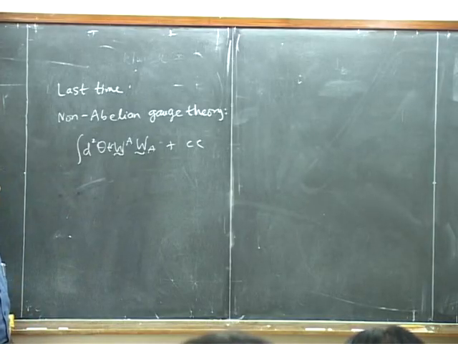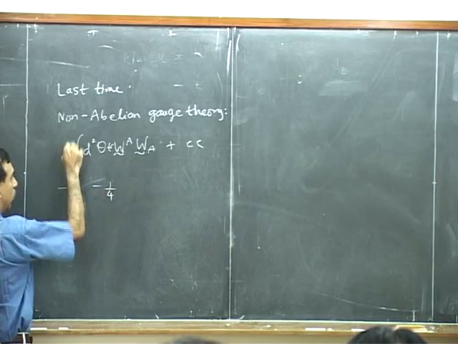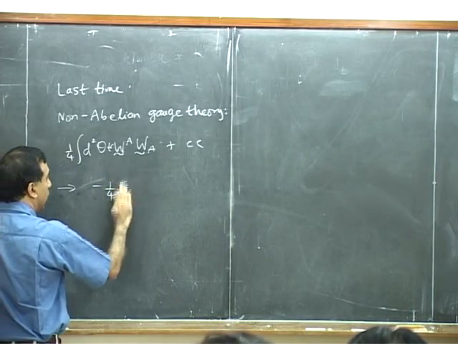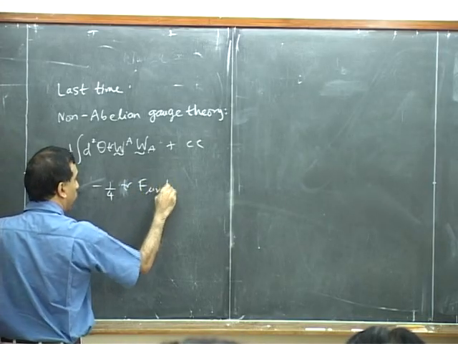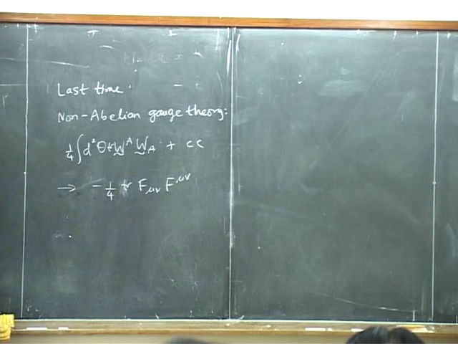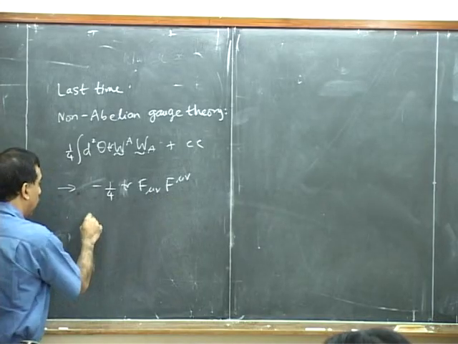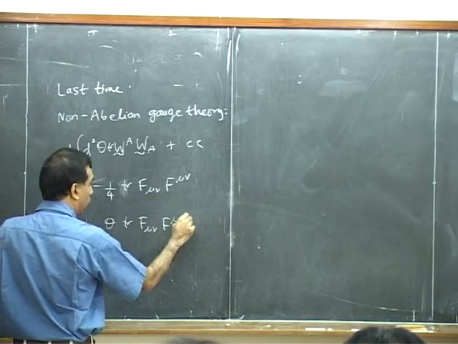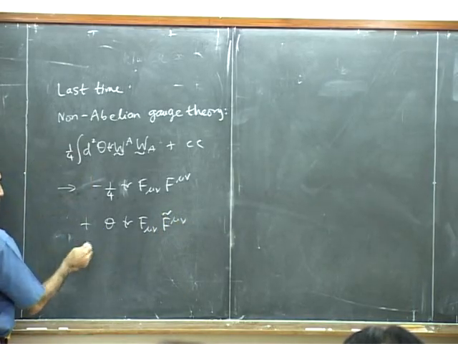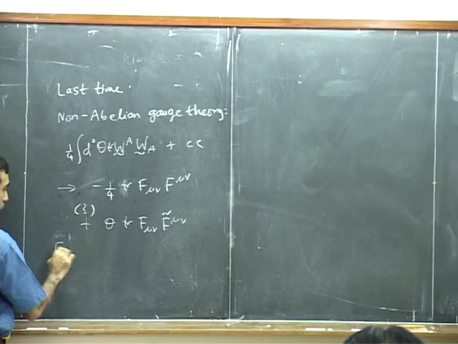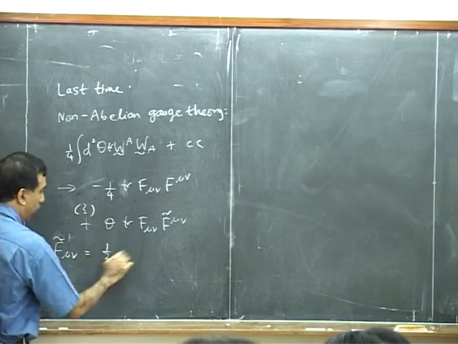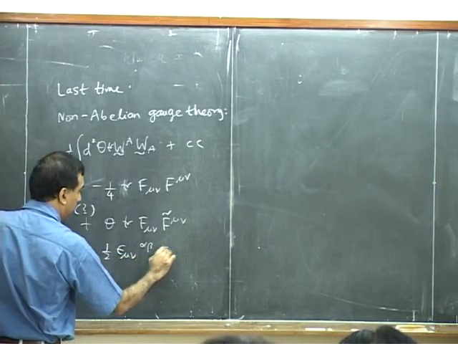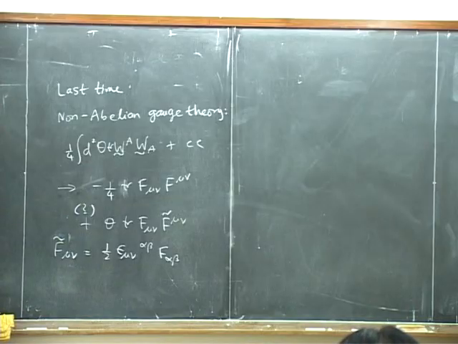Now the question that I was asked after the class was that, okay, I argued that this reproduces minus a quarter trace F mu nu F mu nu, and the question was, can we reproduce the other possible term of this dimension, which is theta trace F mu nu F dual, where F dual is a half epsilon mu nu alpha beta F alpha beta.